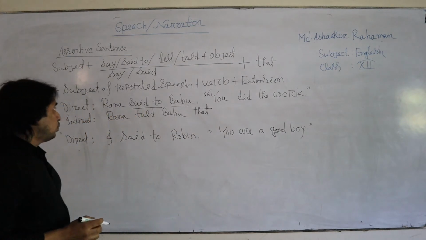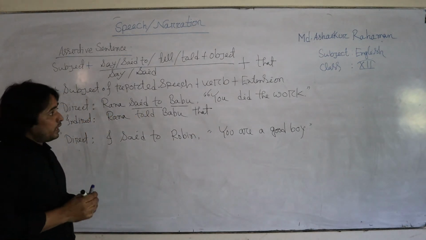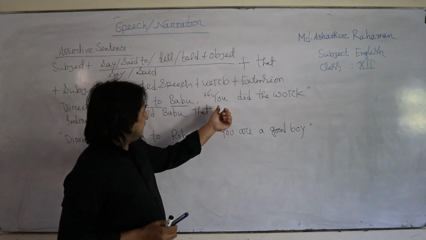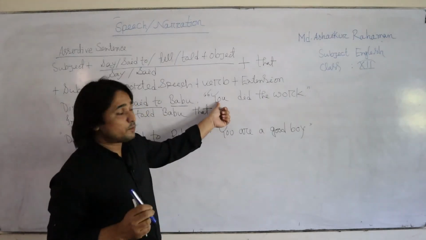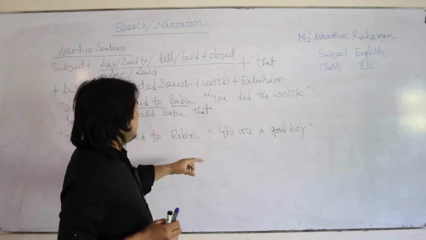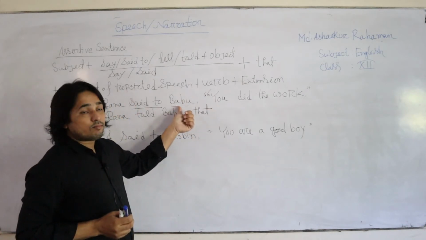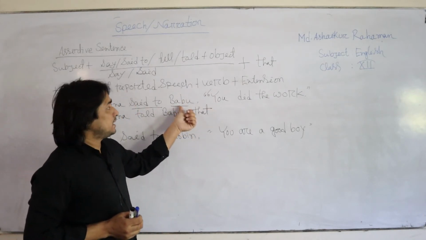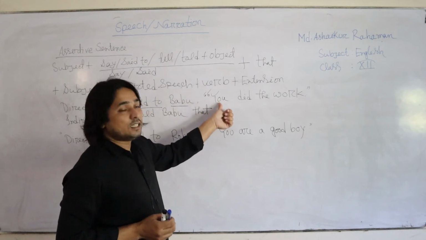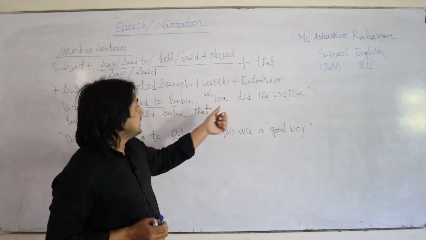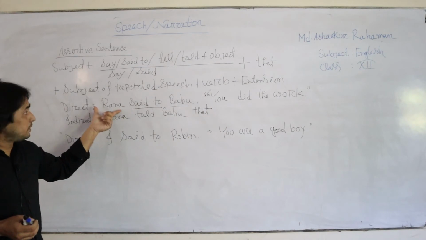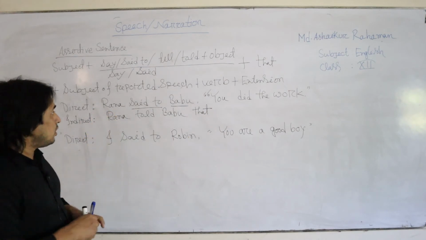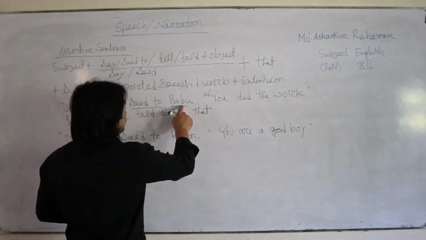One thing we must keep in our mind: if we find you at the beginning of the reported speech, it indicates the object of reporting speech, and if we find I or we, it indicates the subject of reporting speech. So here you means Babu.